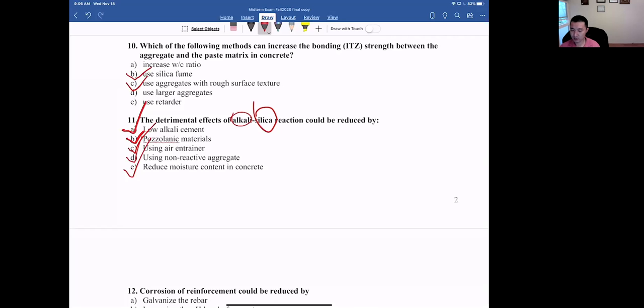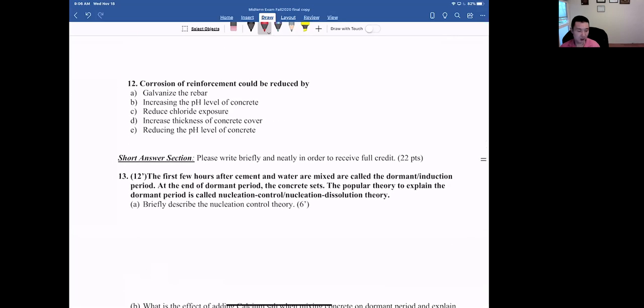Question number 12. Corrosion of reinforcement could be reduced by A, galvanize the rebar. So this is right. Galvanizing is applying a thin layer of zinc on the surface of the rebar.